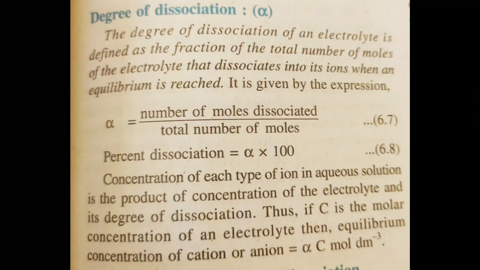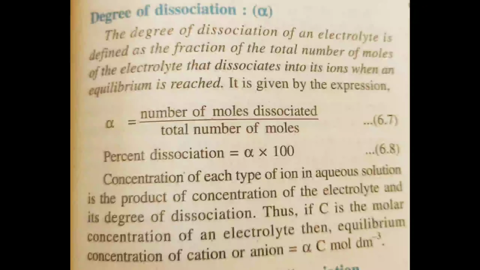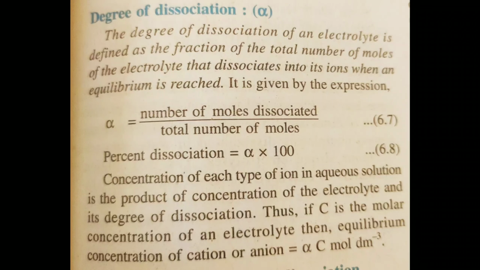The percent dissociation is equal to alpha into 100. The concentration of each type of ion in aqueous solution is a product of the concentration of electrolyte and its degree of dissociation. Thus, if C is the molar concentration of an electrolyte, then the equilibrium concentration of cation or anion is equal to alpha into C.